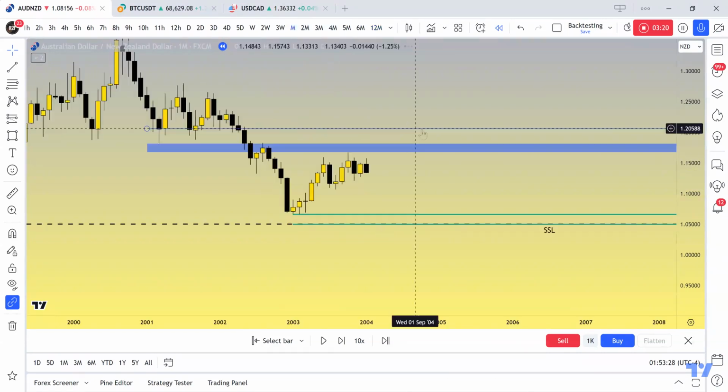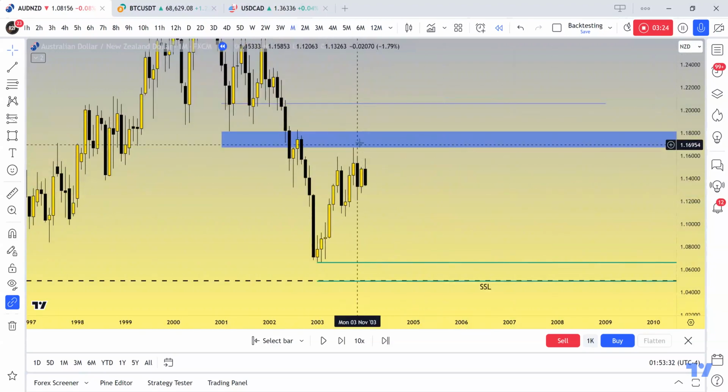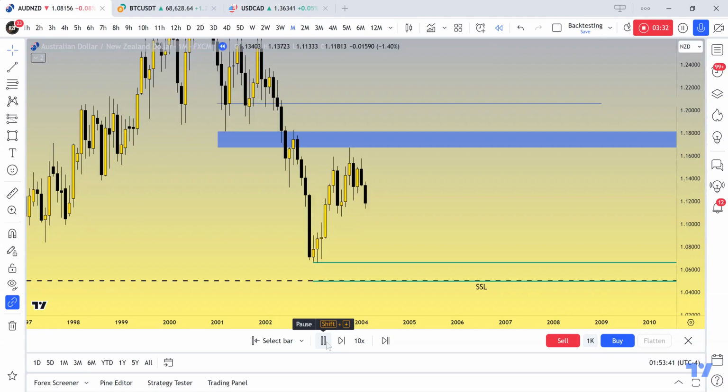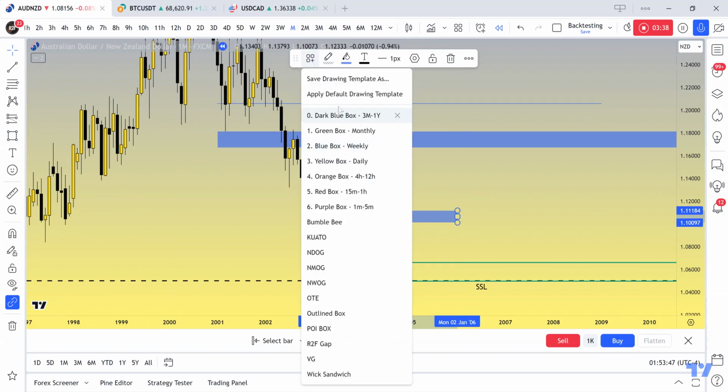Let's go to a monthly time frame. Okay, so this is the yearly gap. I don't think it went in there yet. Okay, so monthly gap here, got used once, got used again.